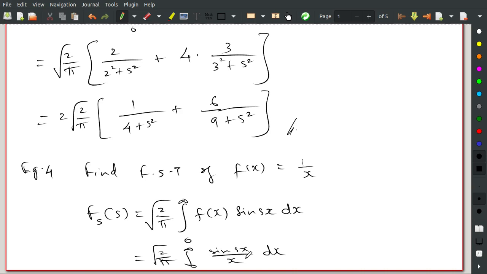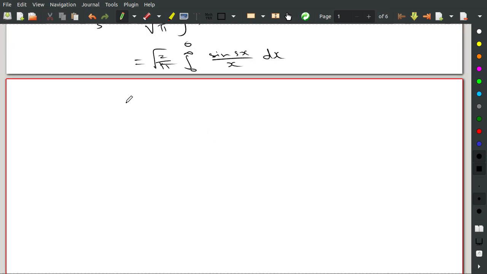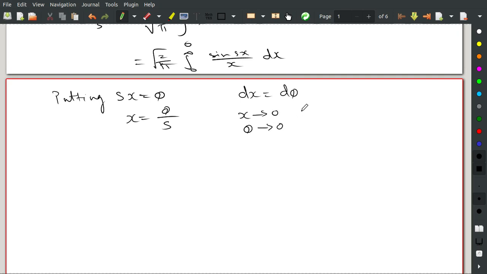For that let's make a transformation by putting sx equals theta, so we have x equal to theta by s, and dx equal to d theta by s. When x tends to 0, theta tends to 0, and similarly when x tends to infinity, theta tends to infinity.